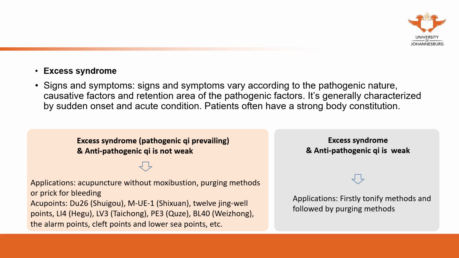For example, a patient suffers from low backache, especially acute low backache. Low backache, especially in the acute stage, in most conditions is considered an excess syndrome. So in this situation, sometimes we can choose bladder 40.